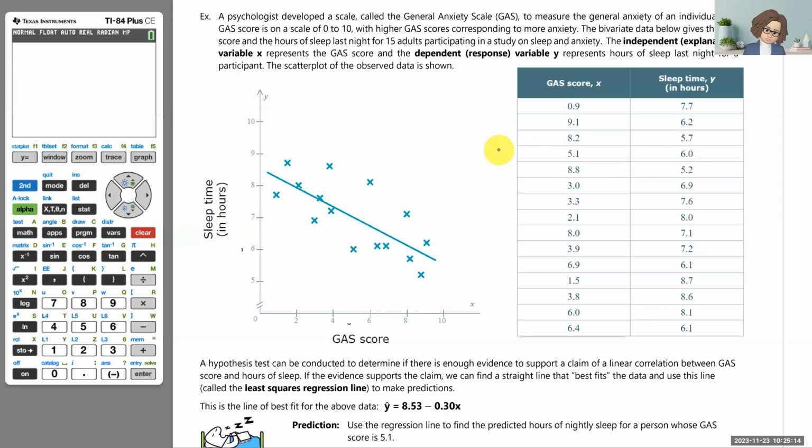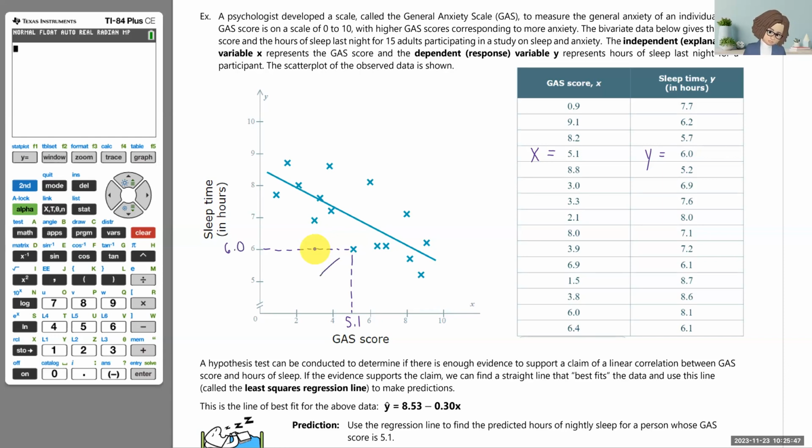So there was a participant in the study whose GAS score X was 5.1, and the hours of sleep they got last night was 6.0. So on the scatter plot, we'll just label that participant there. If we come down here, their GAS score was 5.1, and their Y value was 6.0.